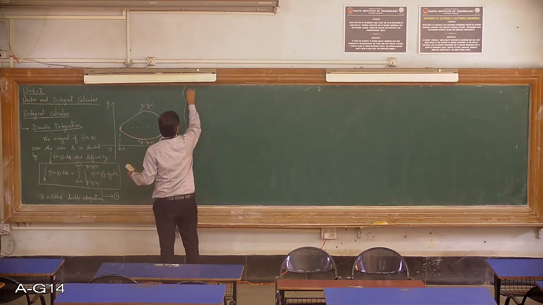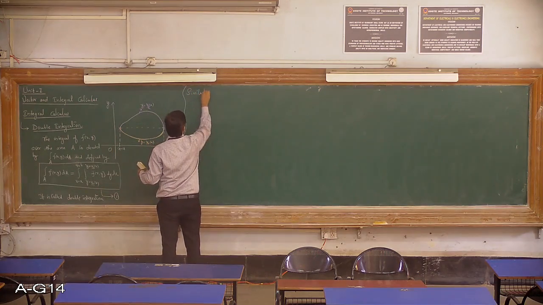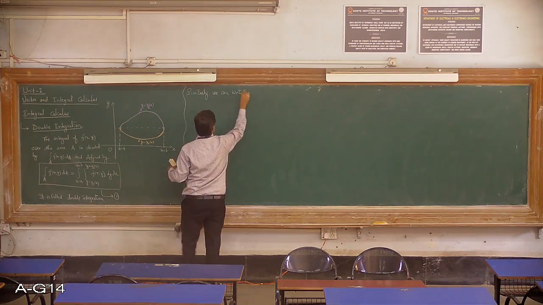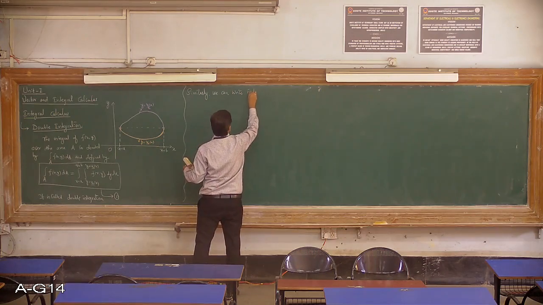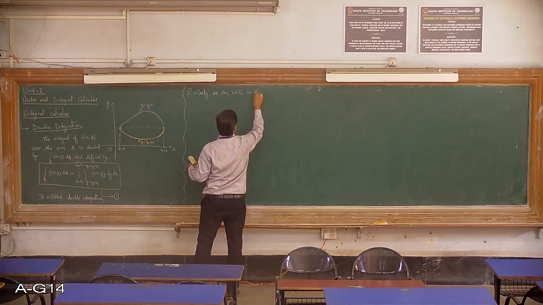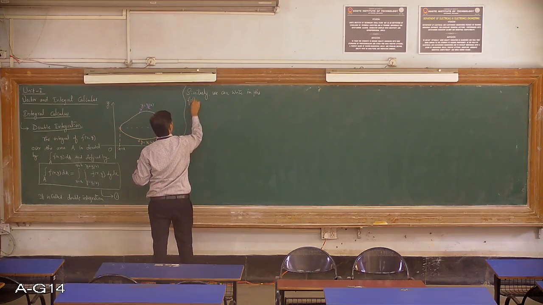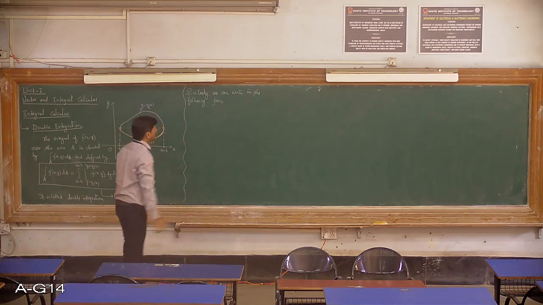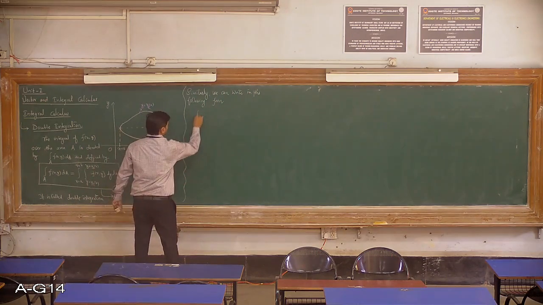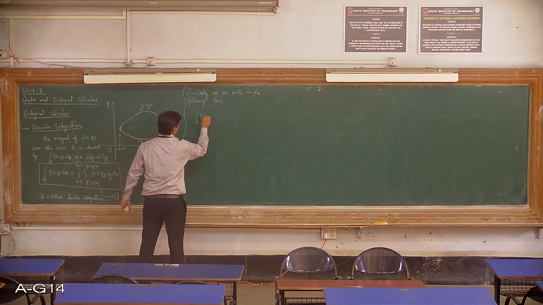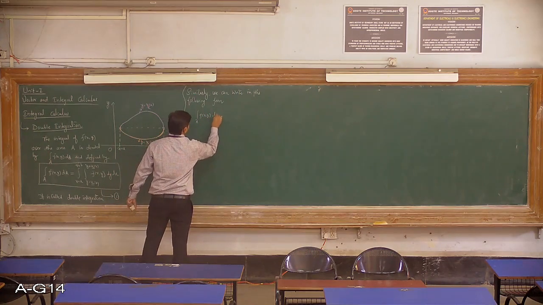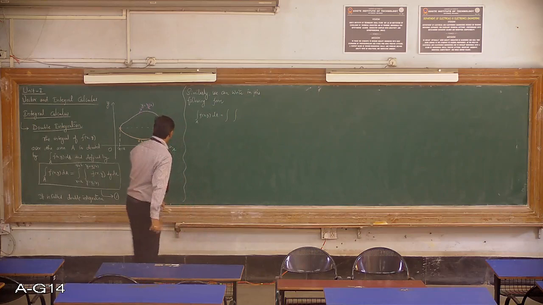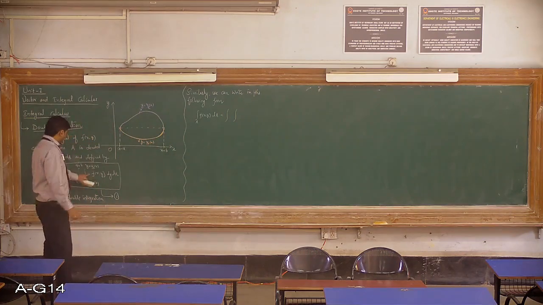Similarly, we can write in the following form: the integration over a region R of f of x comma y dA is equal to a double integration where I interchange the limits.